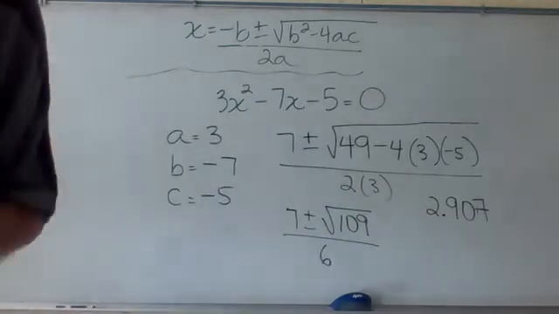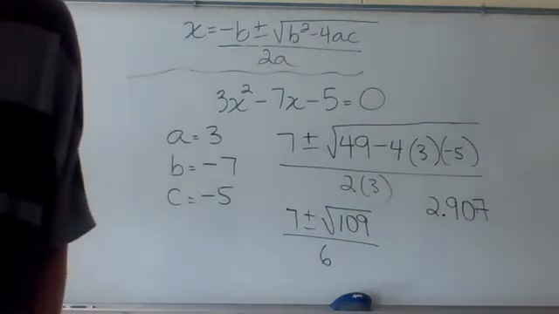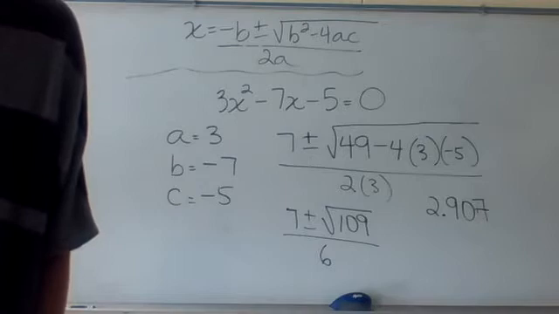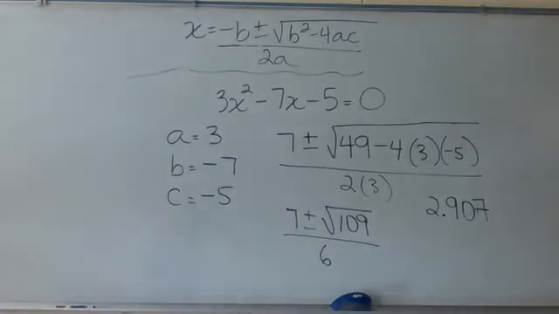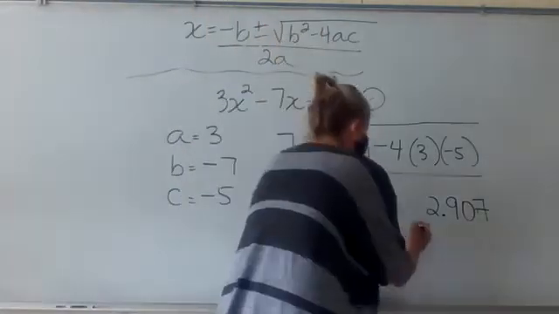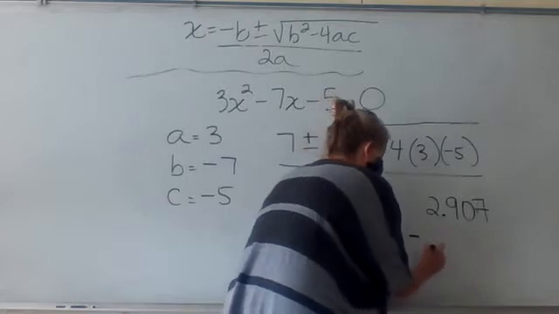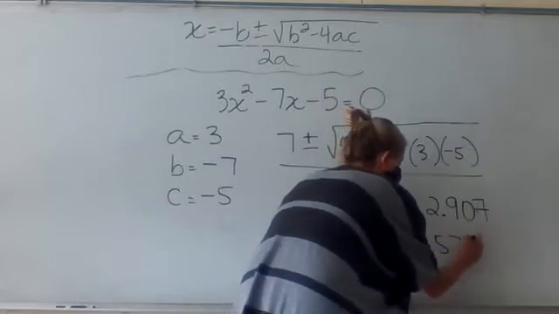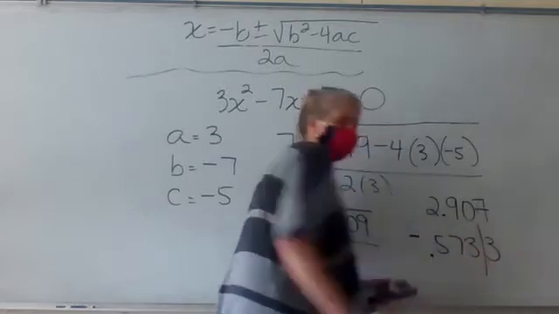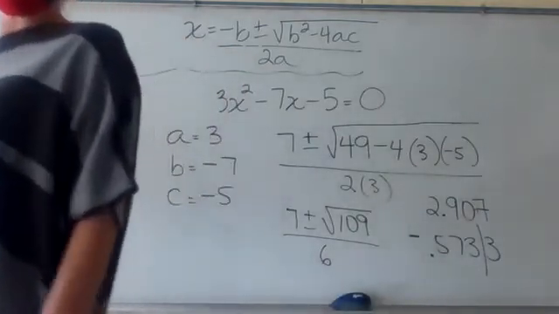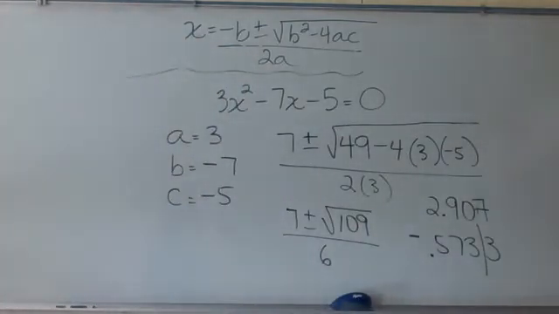Your other approximate solution would be 7 minus the square root of 109 divided by 6, which is negative 0.5733. Again, I went 4 spots so I can decide whether I need to round up or not.